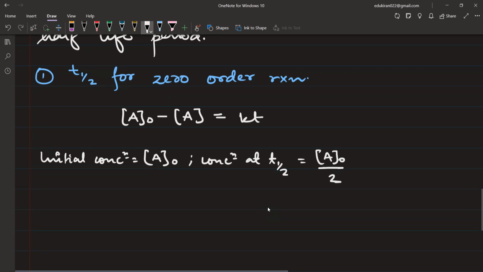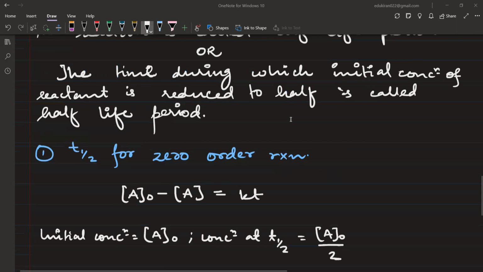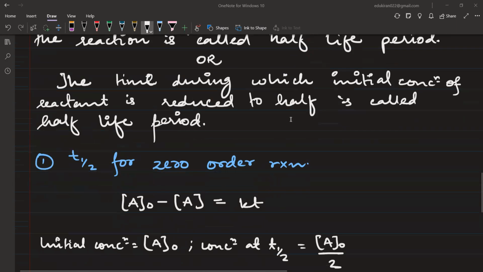Yes or no? Please tell me, guys. And the concentration at half-life will be equal to A naught by 2, half the initial concentration, as you have written in the definition above. Is everyone fine with this? Concentration at T half is equal to A naught by 2? Yes, sir.